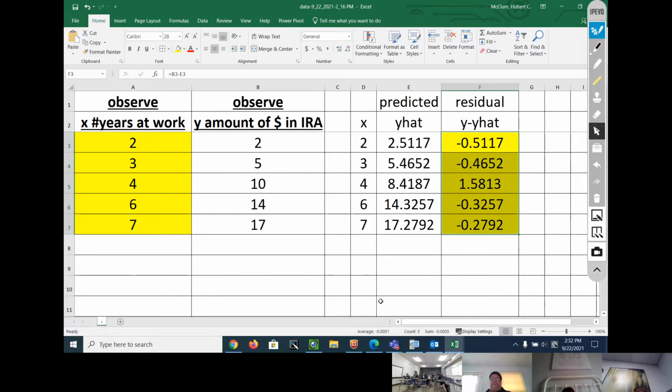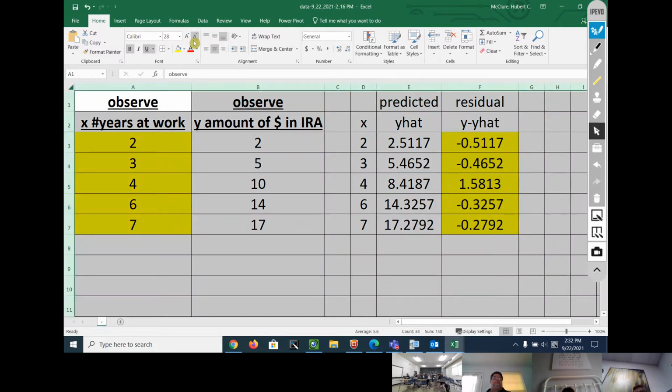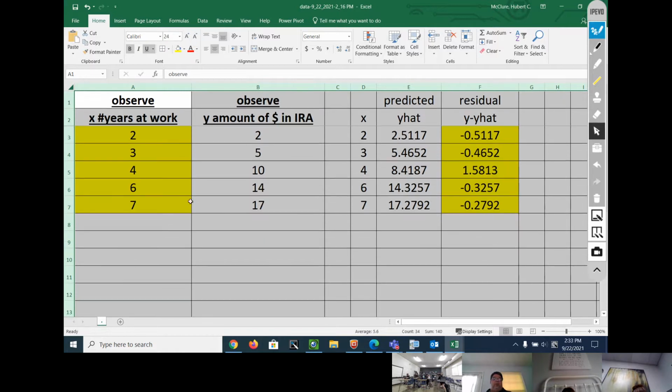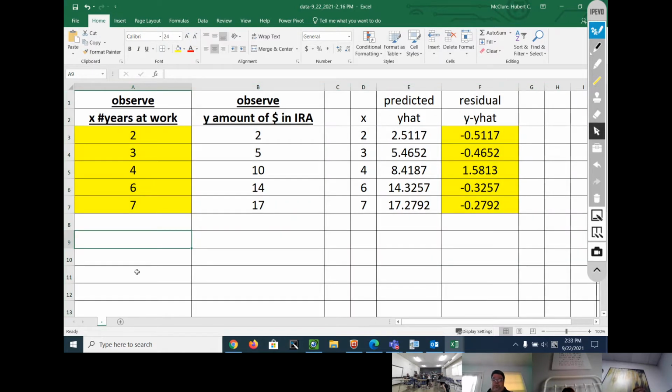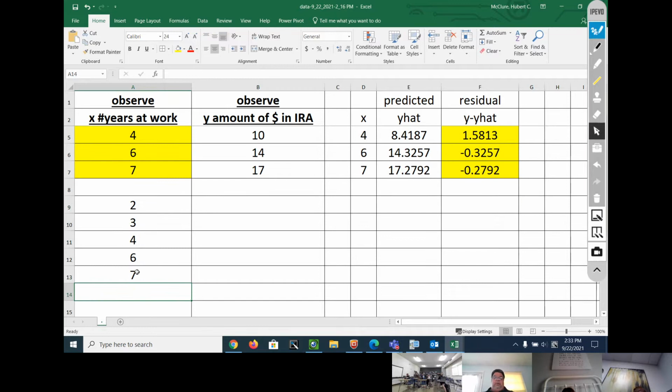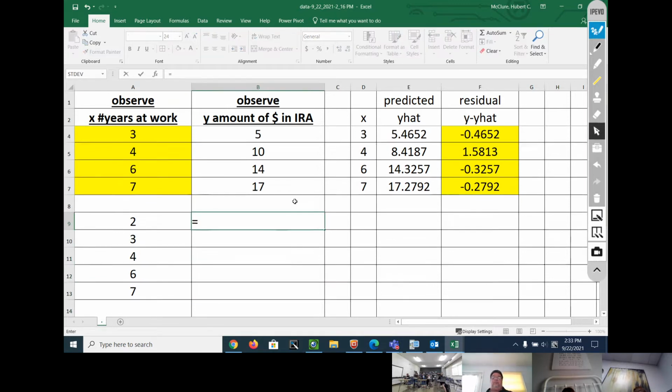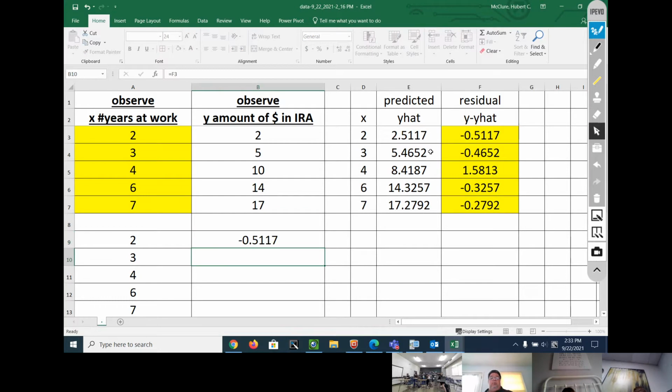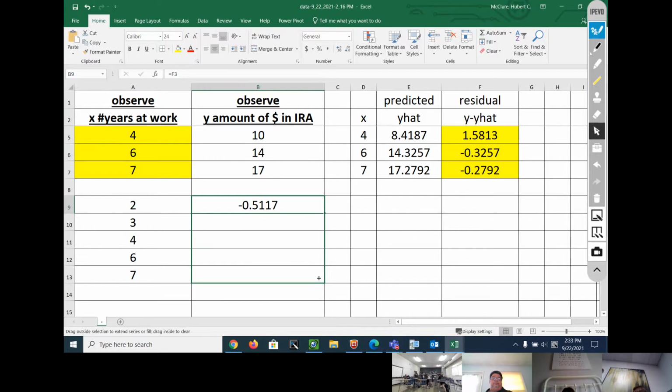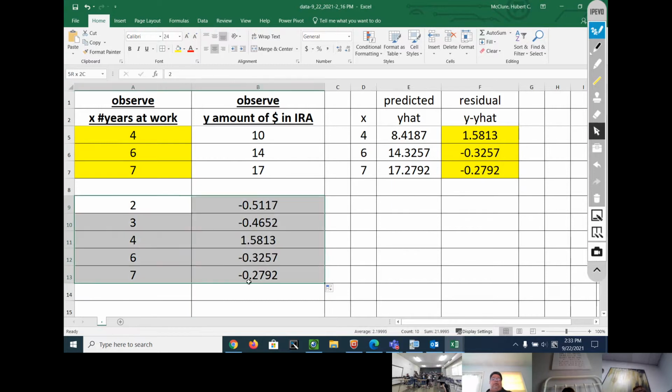So I'm going to go down here and make this a little bit smaller, and make another column right here: 2, 3, 4, 6, and 7. Then I'm going to put these points right beside it, and then we're going to graph those.